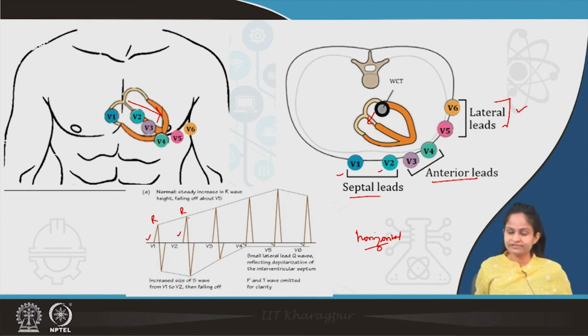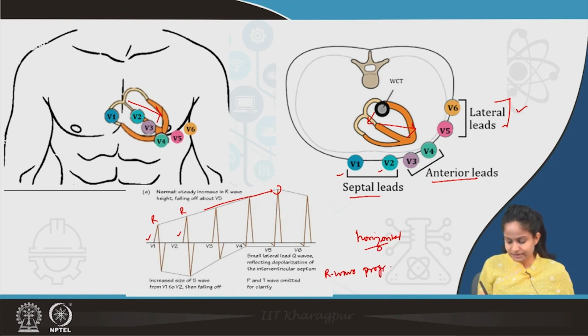And this R wave, because of the maximum ventricular depolarization which occurs in this direction, shows an R wave progression. We can see the R wave amplitude increasing, at maximum to the V5 level. So, this is known as R wave progression.